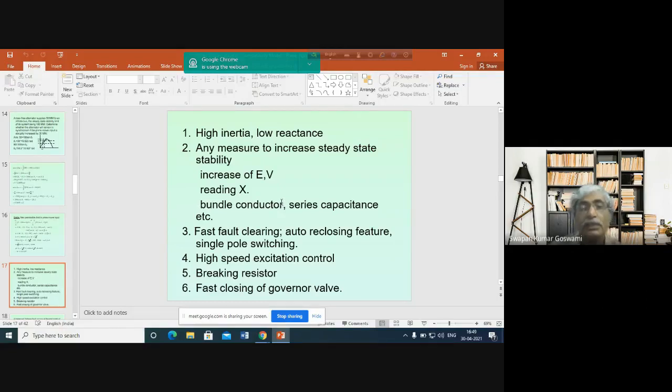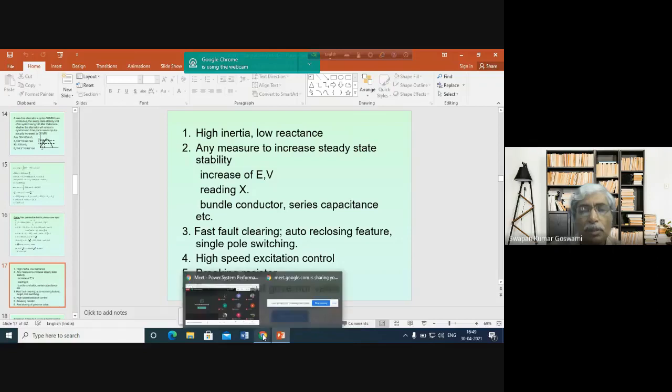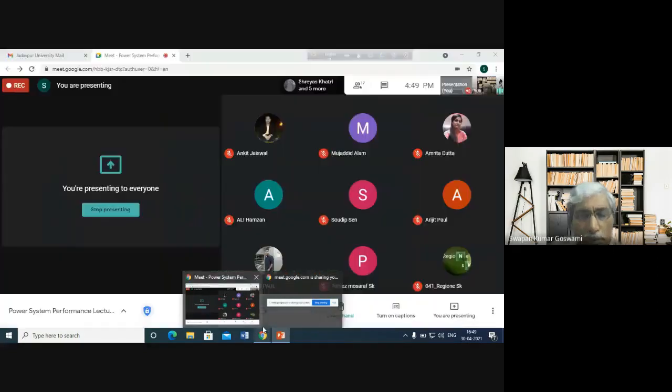Now the question is, do you know what is bundle conductor? Because it should have been studied by you in the previous semester. Now tell me whether you know about bundle conductor or not. How many of you know regarding a bundle conductor?